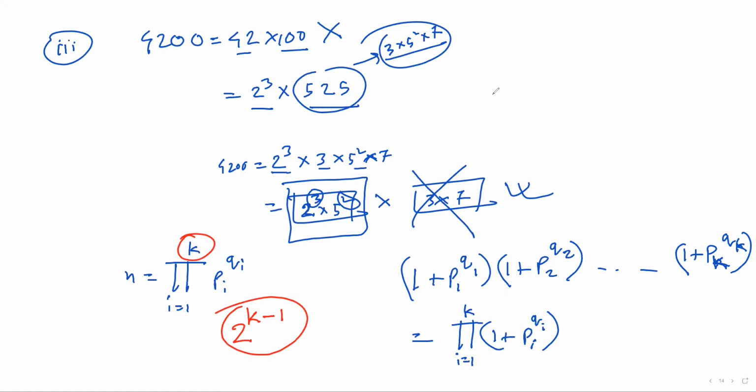So in the case of 4200, how many prime factors? 2, 3, 5, and 7, so 4. So 2 to the power 4, but I have to reduce the 4 by 1 because I have to take half of the combinations because of the repetition. So overall, 8 factorizations are possible into 2 factors, where the 2 factors are going to be coprime.